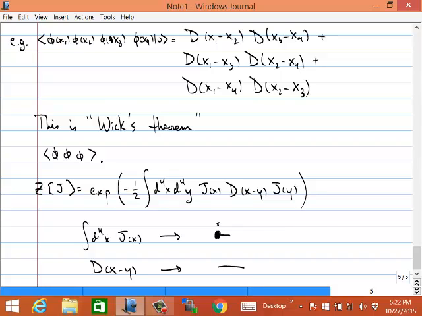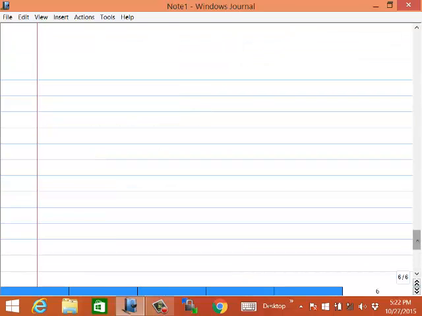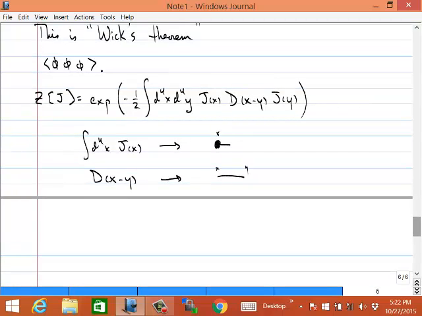And the lines connect dots. And those endpoints are associated with the positions x and y. So this generating function could then be very succinctly written in terms of this diagrammatic notation.